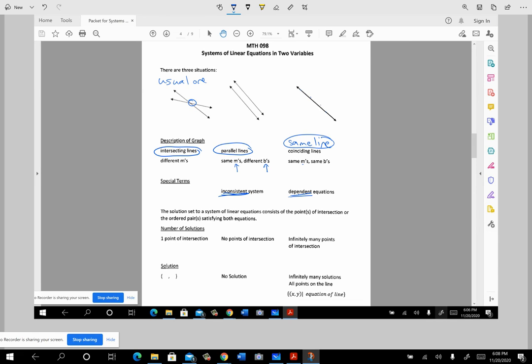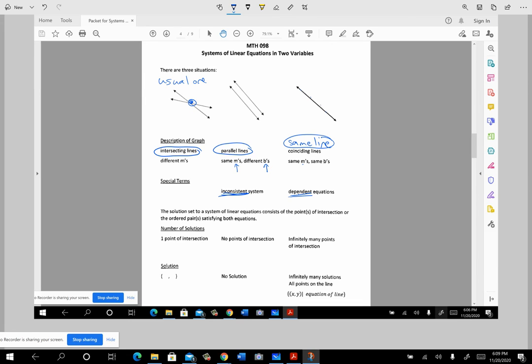So what the earlier things I did were supposed to give you a feel for is that usually we have two lines and our job is to find that point of intersection. That's because the solution to a system of equations is going to be any point or points of intersection that we have. So it's a point that satisfies both equations.